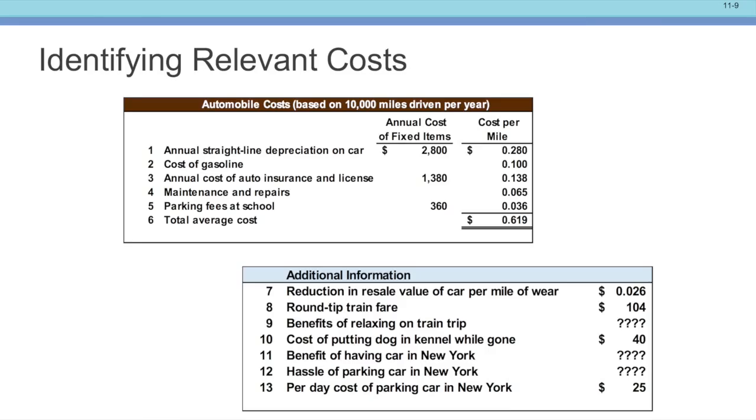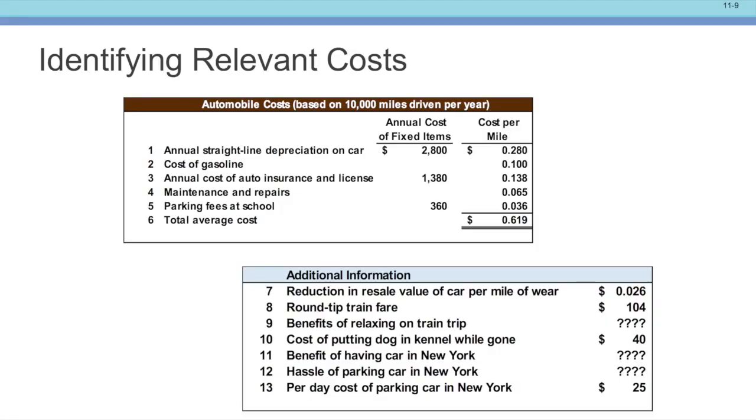The benefits of relaxing on the train trip. Well, there's something to be said for not driving in New York traffic, so there's definitely a benefit there. The cost of putting a dog in a kennel while gone is $40. The benefit of having a car in New York might actually be a negative number, right? So we don't know that. Hassle parking in New York could be a problem too. And the cost per day of parking in New York is $25.